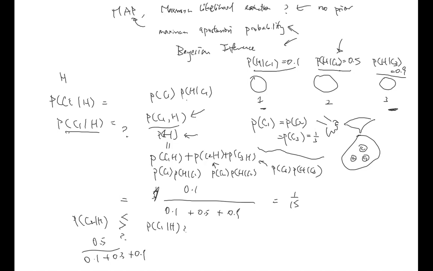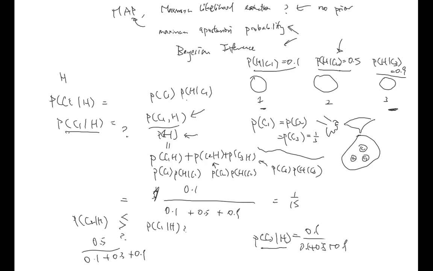And I can also compute C3, which will be even more likely, right? Because PC3 given H would be 0.9 over 0.1 plus 0.5 plus 0.9, which will be even bigger. So the final conclusion is that PC3 given H is biggest, right?